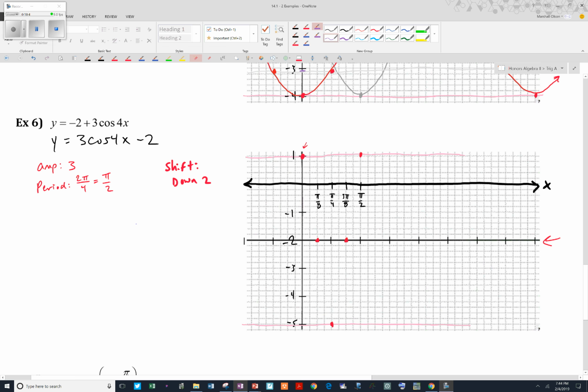All right, my square root of 2 over 2 points are again going to be stretched by 3, so just like before, that's about 2.1. So I'm going to go up 2.1. I'm just going to put a mark there this time. So I know I'm going to have a point right there. I'm going to go down 2.1 from my midline, which would be about right there. So I'm going to have, oops, I didn't put that in the right spot, did I?